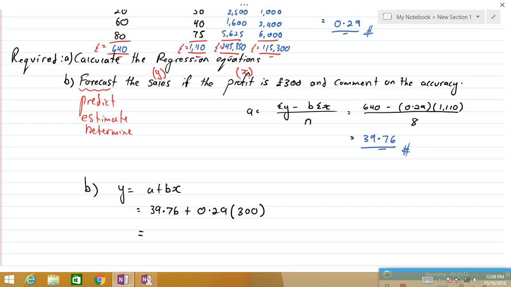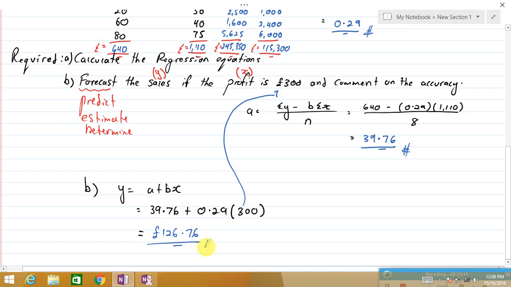It's from here. So how much do you get? 126.76. Everyone got the same answer?